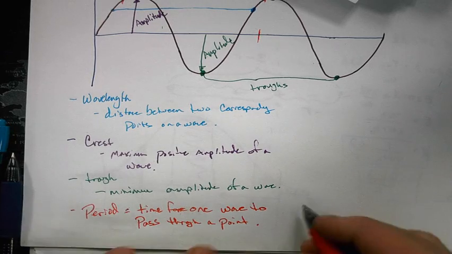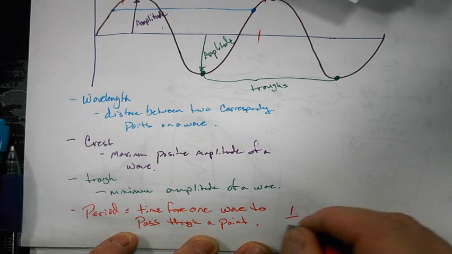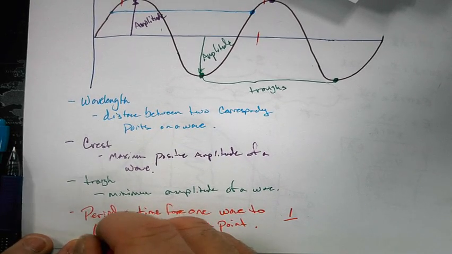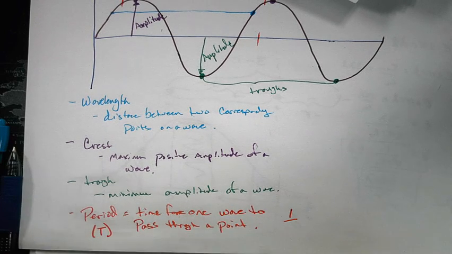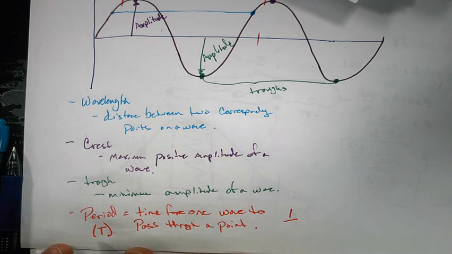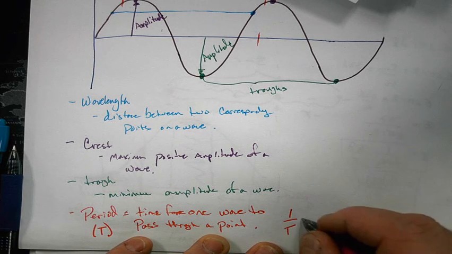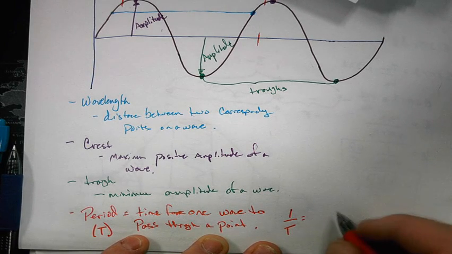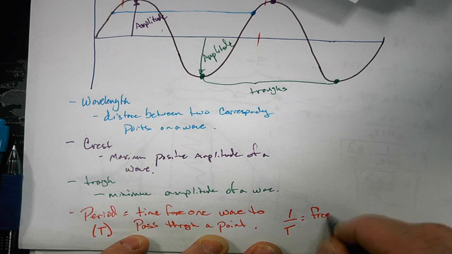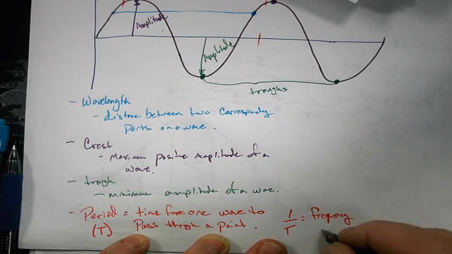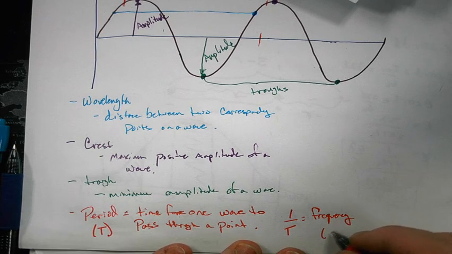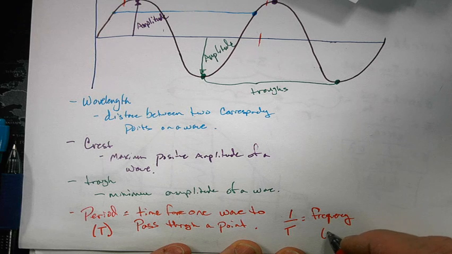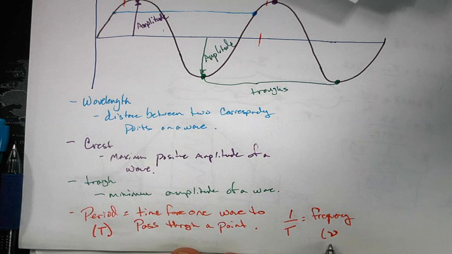And it's given by the symbol T, for time. 1 over the time is called the frequency. And we will use either f or the Greek letter nu, which looks like a V that's moving really fast.